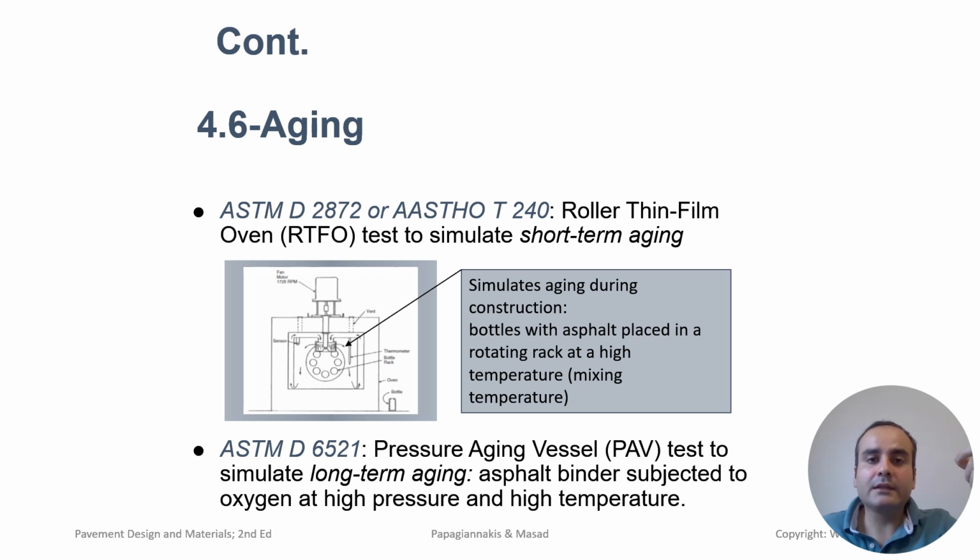Decreased ductility is another change in the physical properties as asphalt binder ages. Aged binders lose flexibility and become brittle, making them more prone to cracking under tensile stress.